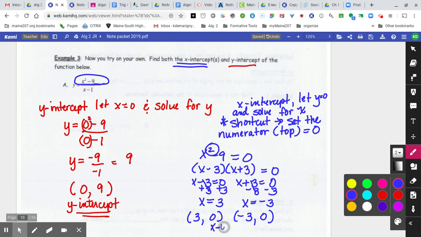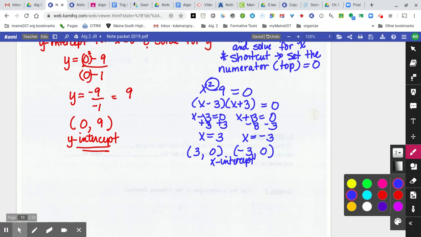Those are my x-intercepts. Now, some of you may be saying, well, you know how much I love factoring. Do I have another option? The answer is yes, absolutely. Quadratic formula is always an option, or you could use algebra. If x squared minus 9 is equal to 0, I would add the 9 to both sides, and x squared then is equal to positive 9.